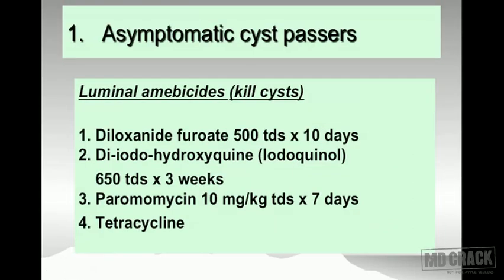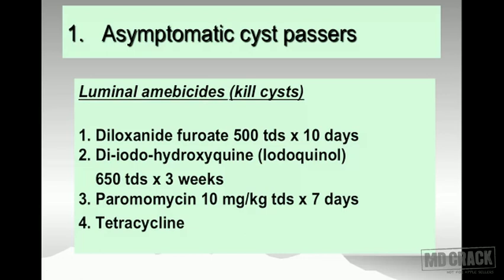How to manage the asymptomatic cyst passer. This person has cysts in the intestinal lumen, and we want a drug which will be a luminal amebicide. Have a look at the chart. A luminal amebicide will kill the cyst. What are the options available? Number 1, diloxanide furoate, 500 milligrams 3 times a day for 10 days.